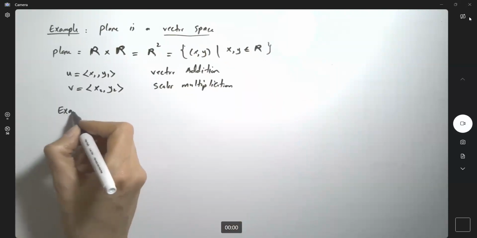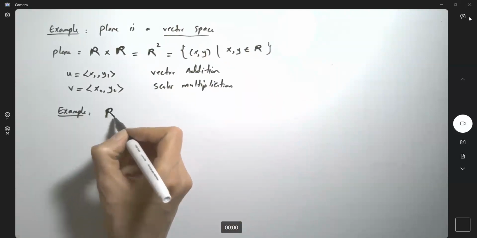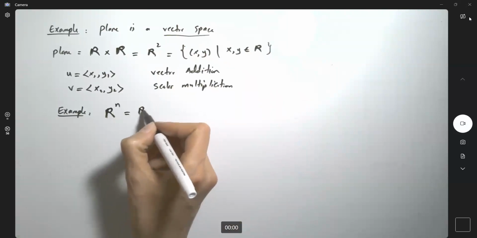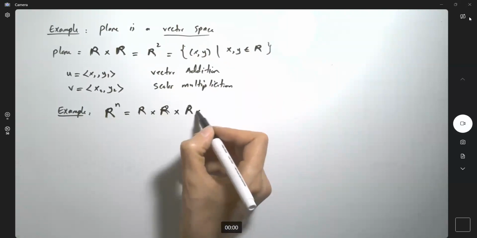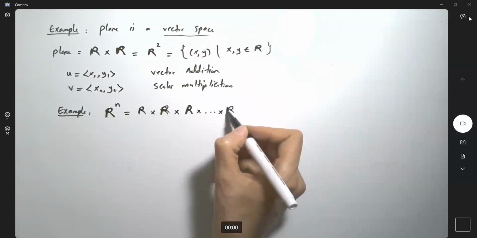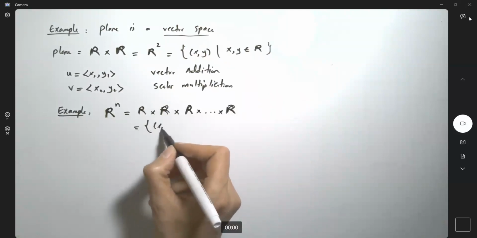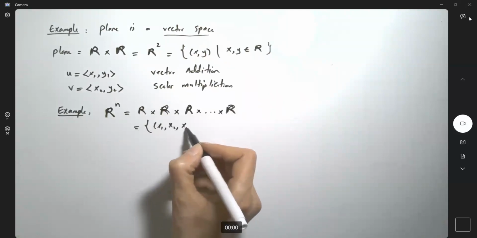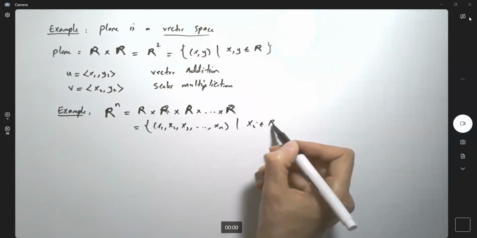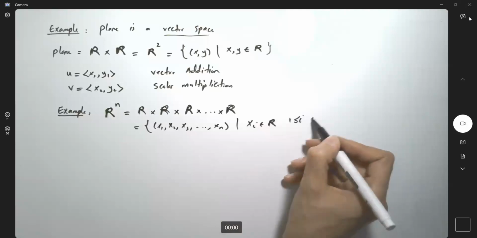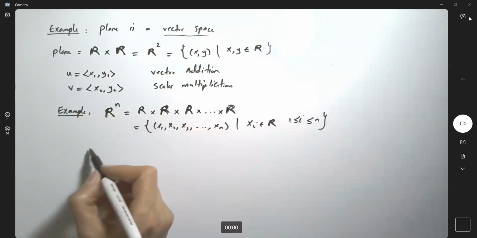So in general, you can say that Rn, which is nothing but the Cartesian product between R and R, n times, which is basically the set of x1, x2, x3, ..., xn, such that xi is in R, i ranges between 1 to n, is a vector space.